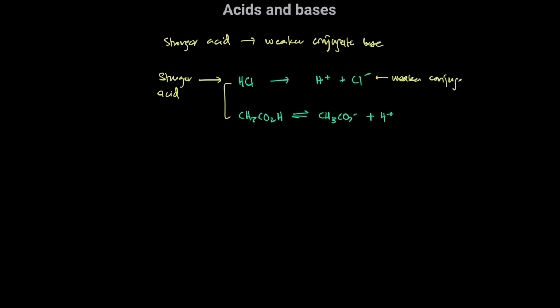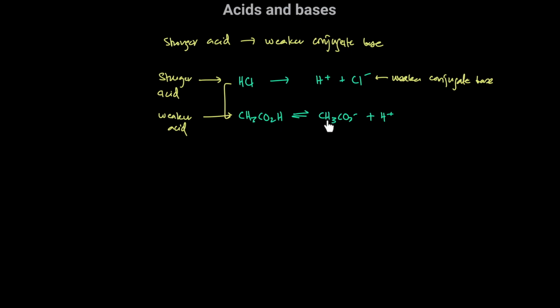On the other hand, if you look at ethanoic acid and the ethanoate ion, ethanoic acid is the weaker acid of the two, between HCl and ethanoic acid, which means that the forward reaction isn't as favored, which also means that the backward reaction in this case is more favored than in the first case.